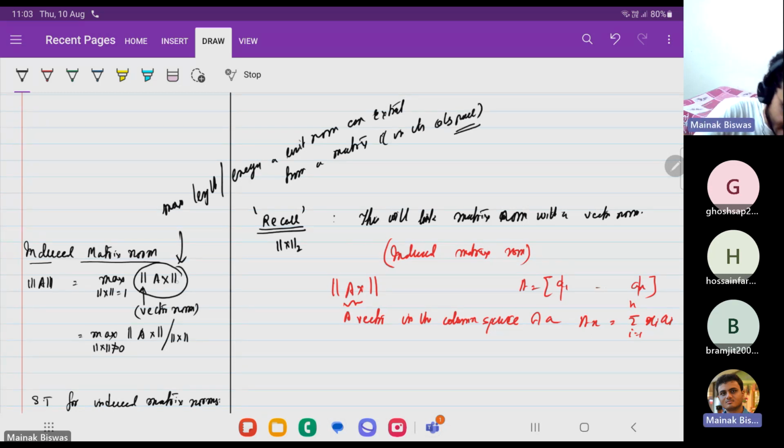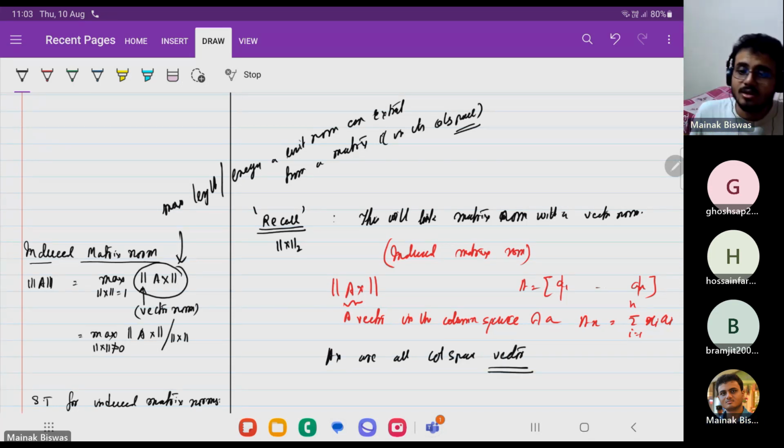Ax are all column space vectors, right? And I'm saying for a unit vector, what is the maximum amount of length you can get from the matrix? Is the intuition clear? So for that norm, it is called the induced matrix norm for that particular norm. Good.